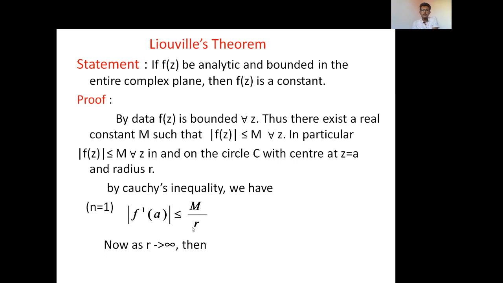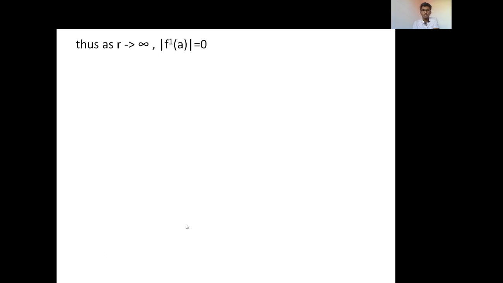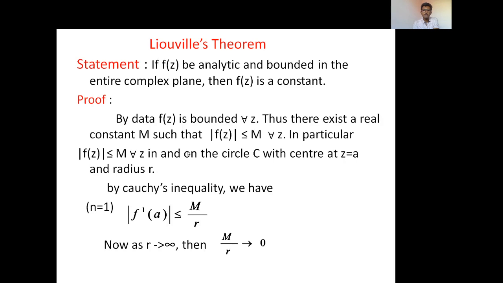As r tends to infinity, M divided by r tends to 0, since any fixed positive number divided by infinity is 0. Therefore, |f'(a)| is less than or equal to 0, where a is an arbitrary center.